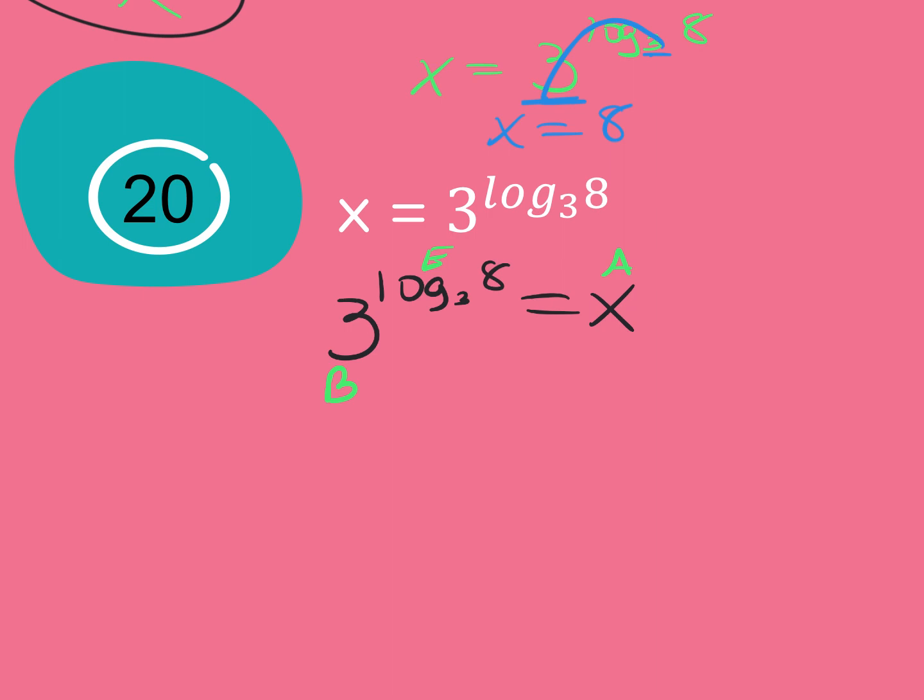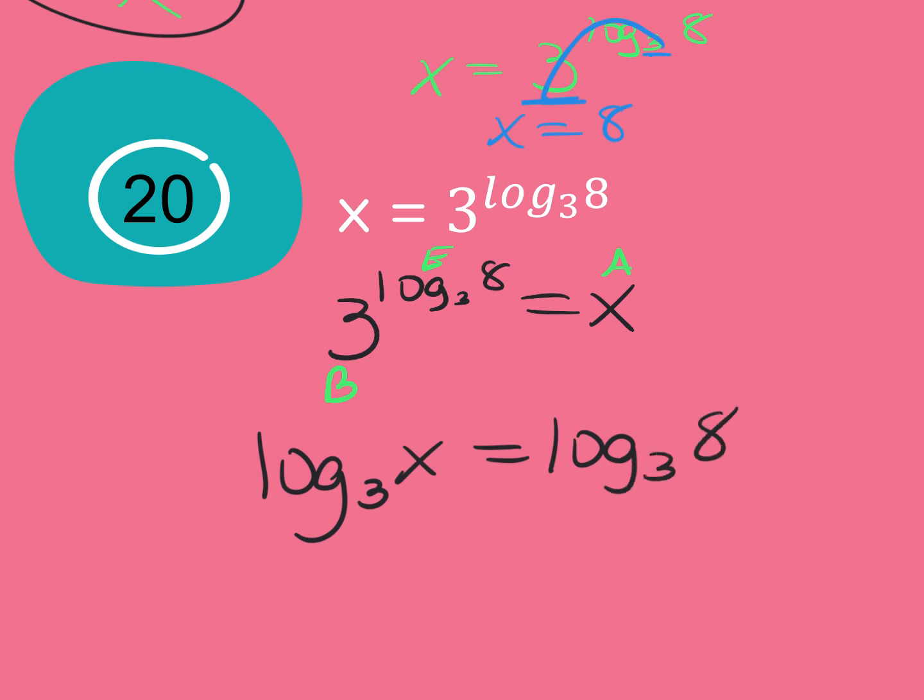Now, if we had converted this to log, we would do log base 3, and then the answer equals the exponent. So this is the base, the answer, and this was the exponent.